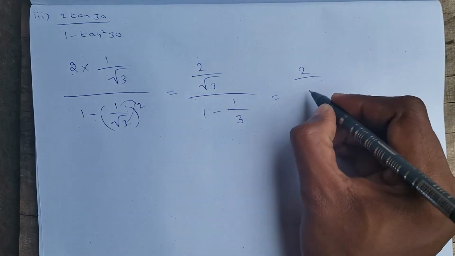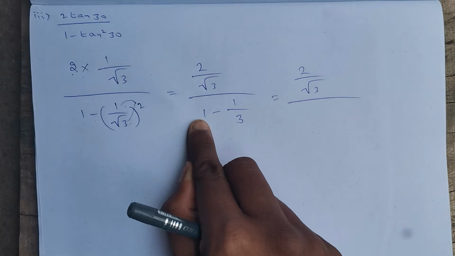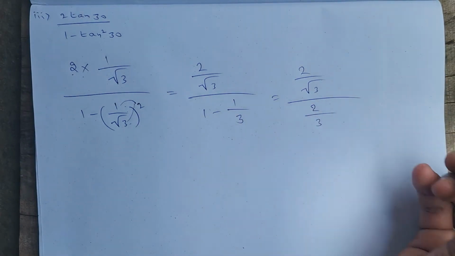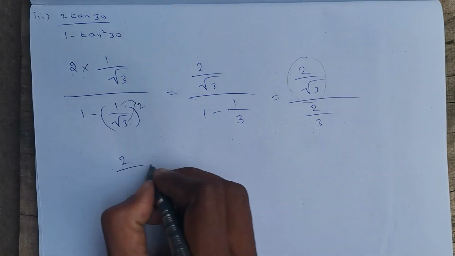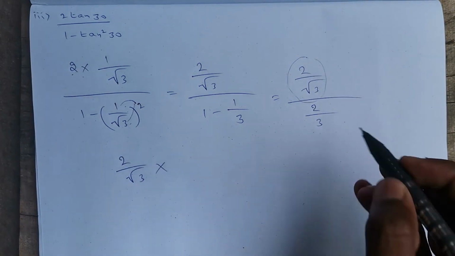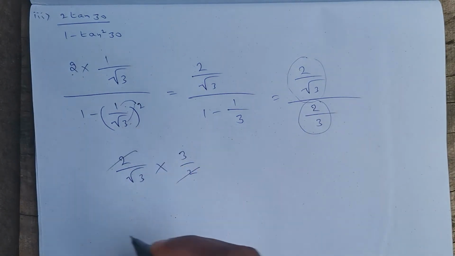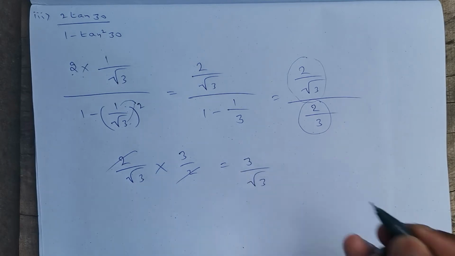Again numerator as it is, 2 by root 3, whole divided by 3 ones are 3 minus 1. 3 minus 1, 2, divided by 3. Now this total numerator part as it is, 2 by root 3, into reciprocate this denominator, 3 by 2. Here 2 will get cancelled, so we remain with 3 by root 3.